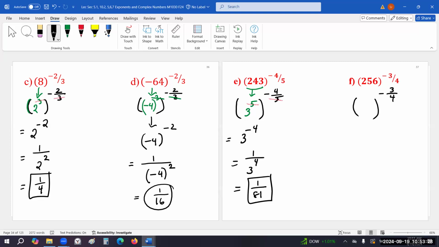Ashley, would you like to try the next one? 4 to the 4. 4 power 4 denominator cancel out. We have 4 to the negative 3.